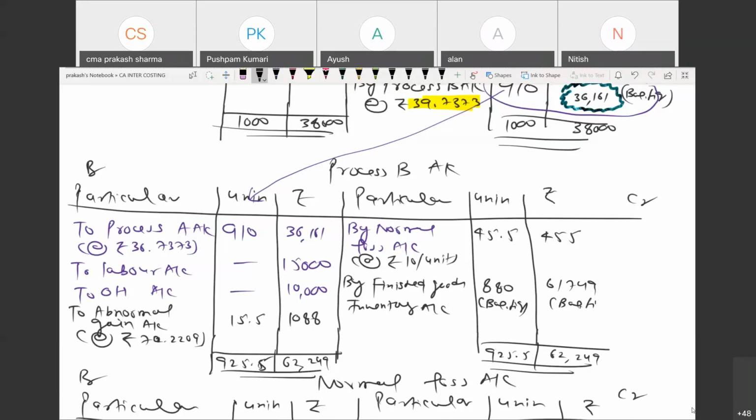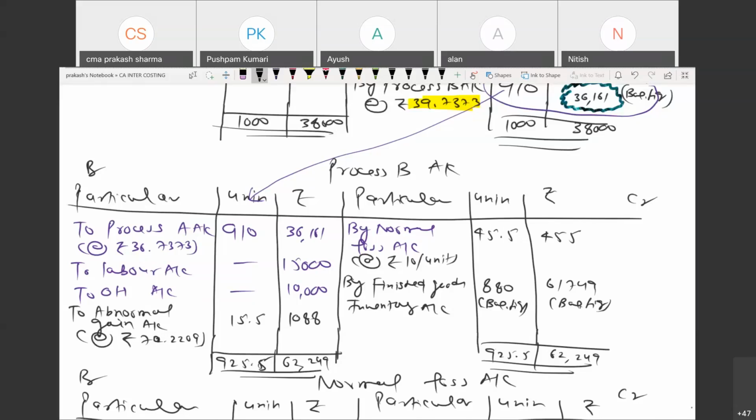Now, how do we verify our answer? Again, divide by 880. Sorry, is it 794 or 749? 62,249 minus 455 is 61,794. I am getting a different answer, let me check again.